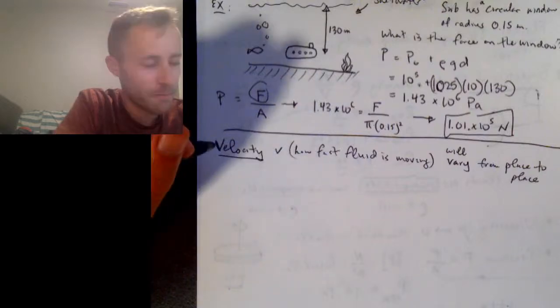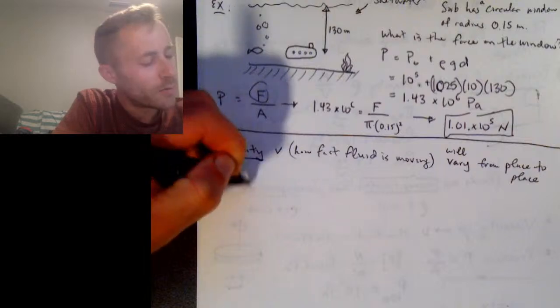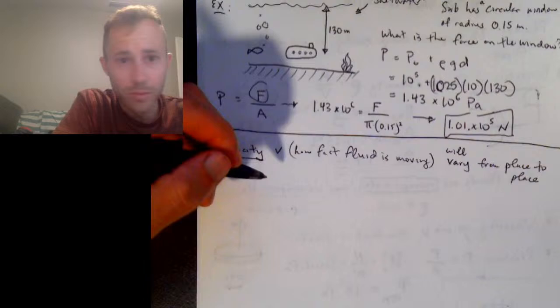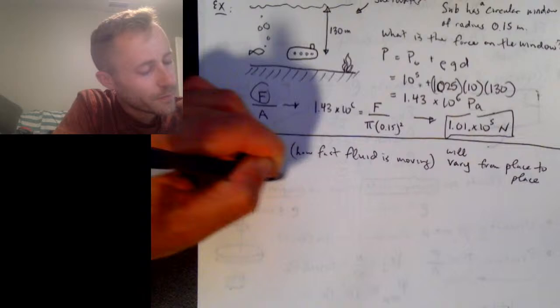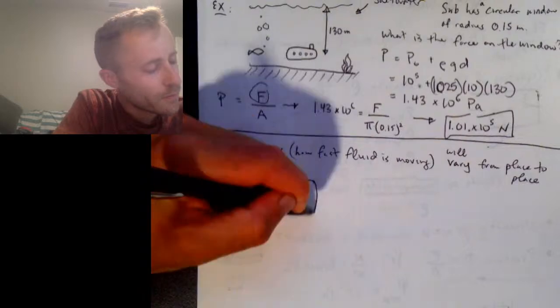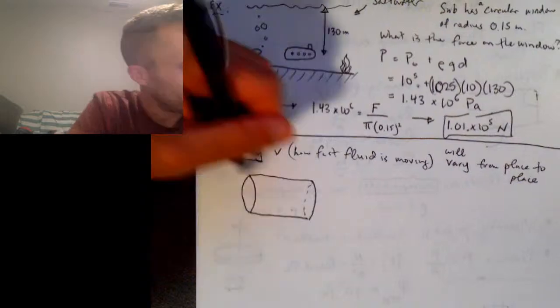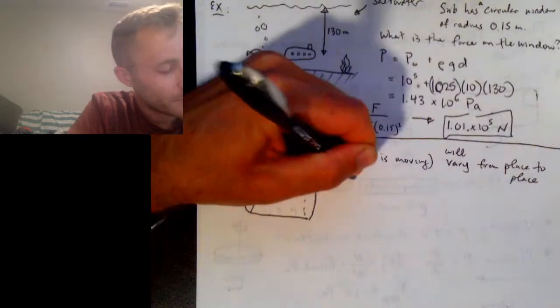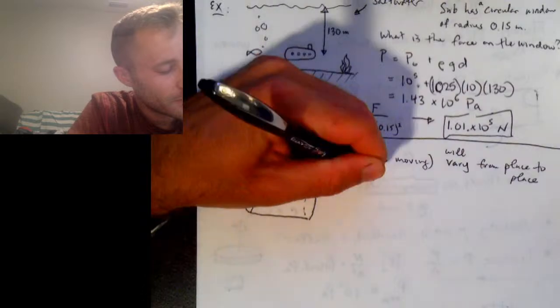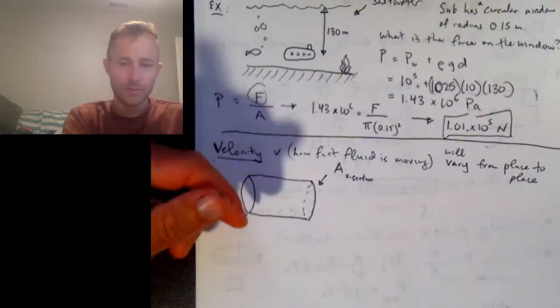Okay, we're going to consider a really simple situation of a tube, like a pipe. Okay, and we are going to assume, so this pipe has a cross-sectional area A. All right, so that would be like pi r squared for this pipe.